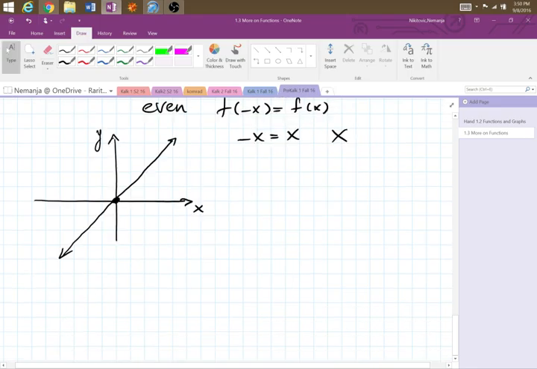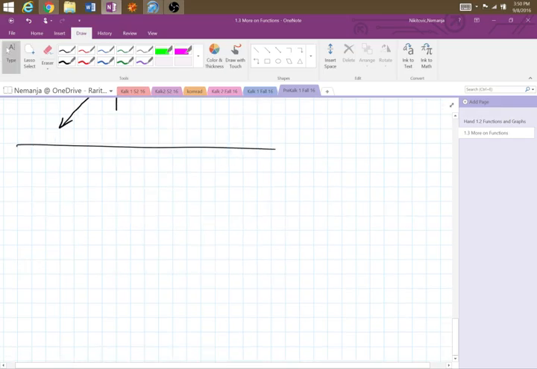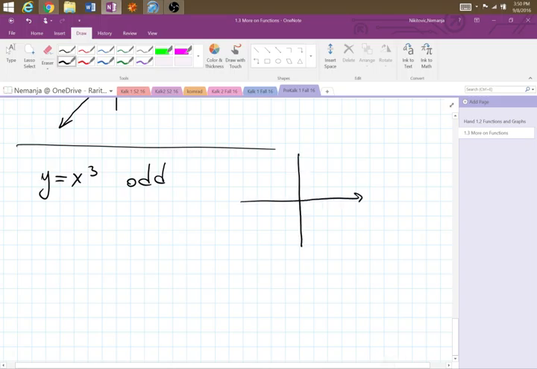Now let me go and do another example for this one because these are hard to see. So y equals x cubed is also odd. If you don't believe me, you will write those formulas and you will see. If anyone knows how cube formula looks like this. Now we're going to have a whole chapter, chapter 2, where we will learn how to graph every single one of these. So this is your x cubed graph. Again, symmetric on 0, 0.